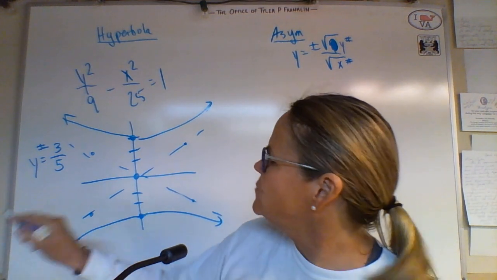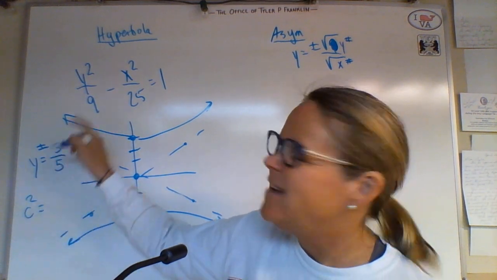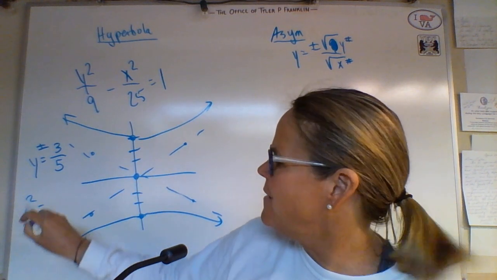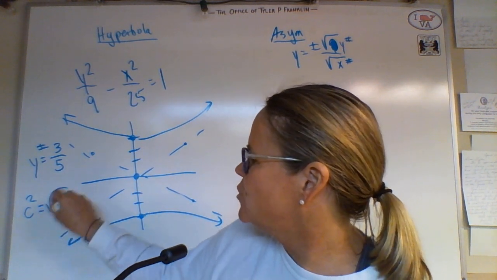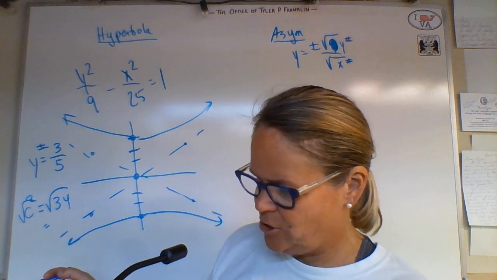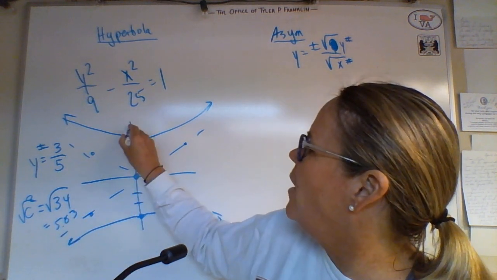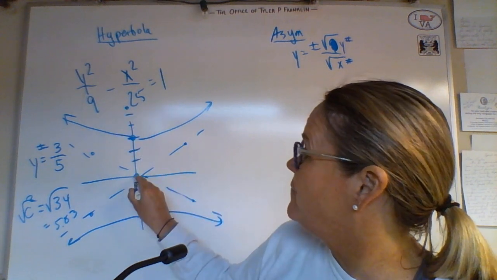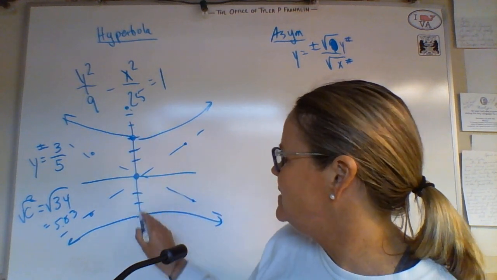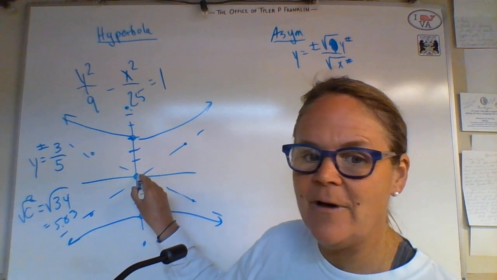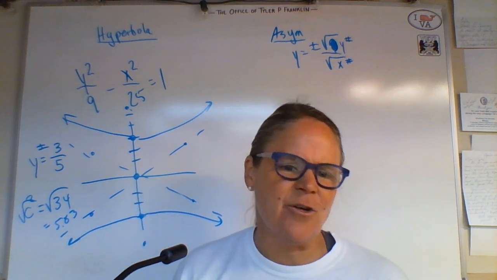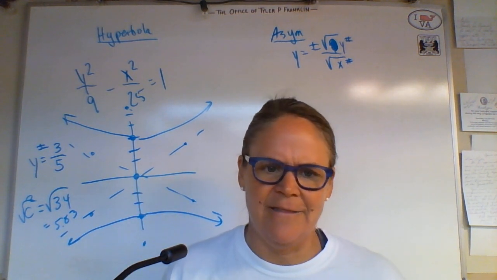Where are my foci? 9 plus 25, square rooted, which is 5.83. So I would go up 5.83 from the center, down 5.83 from the center. So it's just 2 dots in there.